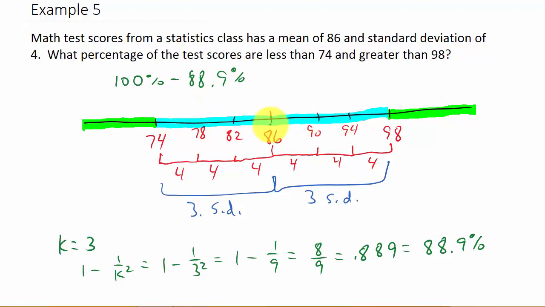Well, if 88.9% is in here, then 100 minus that is out here. So we've got 100 minus 88.9, and so that means that 11.1% of the data is less than 74 and greater than 98.